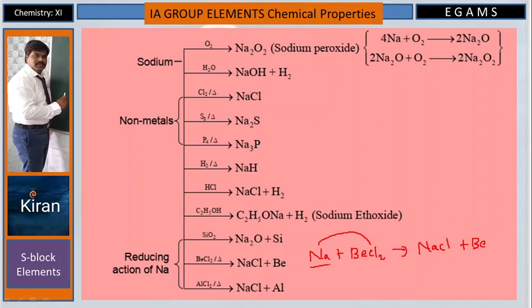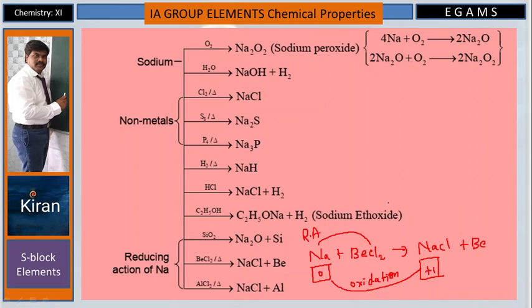Sodium in the elementary or atomic state has oxidation state 0. In sodium chloride, the sodium oxidation state is +1. So an increase in the oxidation state is known as oxidation. In this oxidation, the participant is considered a reducing agent. Here also the same: with aluminium chloride, NaCl plus Al will form.